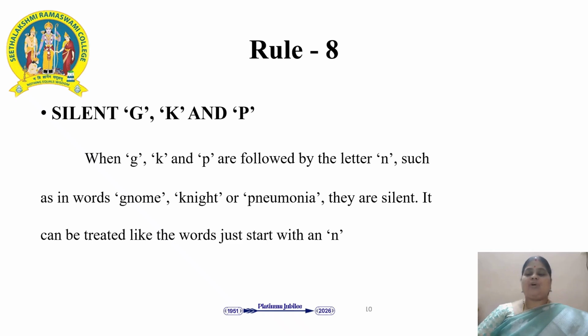Example, G-N-O-M-E is pronounced as gnome, K-N-I-G-H-T pronounced as night, or P-N-E-U-M-O-N-I-A is pronounced as pneumonia. The sounds of letters G, K and P in the words gnome, night and pneumonia respectively are silent.